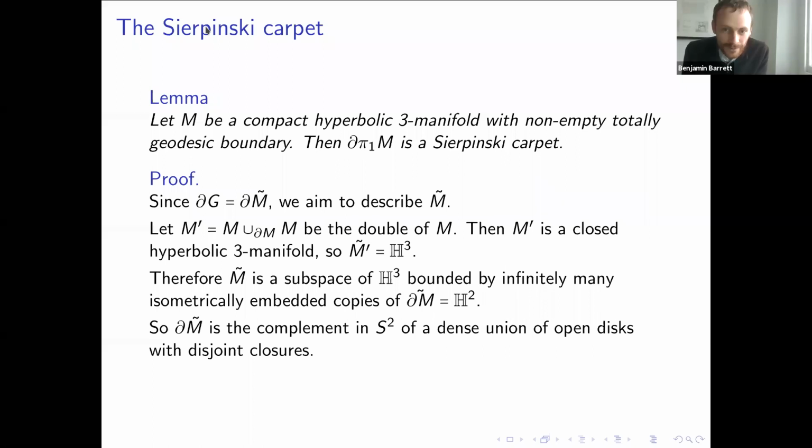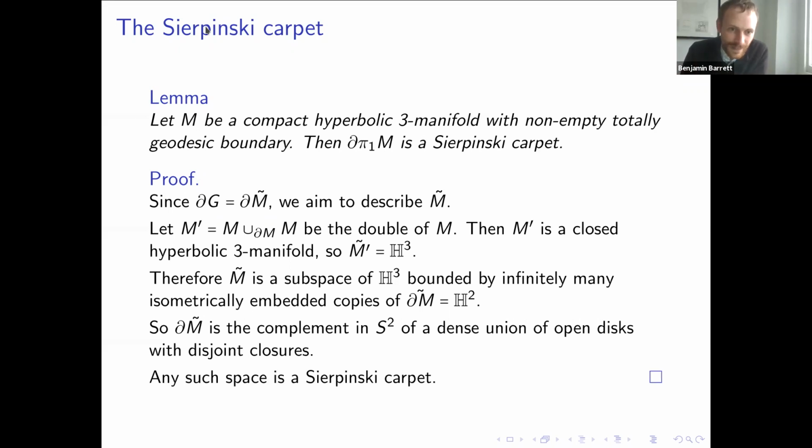Each of the copies of H², the limit set of that in the boundary of H3 is going to be a circle, and the Gromov boundary of the universal cover of M is the complement of the interiors of all of these circles in S². And then it's a theorem from classical point set topology that whenever you start off with a 2-sphere and remove a dense union of open disks with disjoint closures, you end up with a Sierpinski carpet. So what we have must be a Sierpinski carpet.